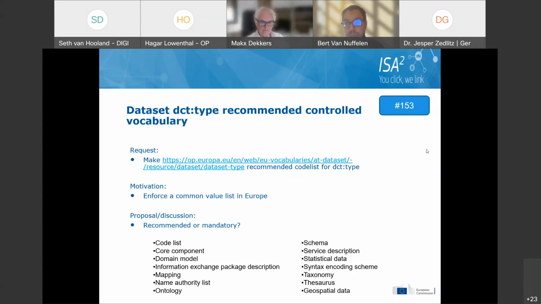We plan to model time series differently when DCAT 3 comes out, but currently we still use DCT type to model these time series. So your proposal is to have it as a recommended code list, not as mandatory. Yeah, currently yes, because we still have this one value collection for our time series.